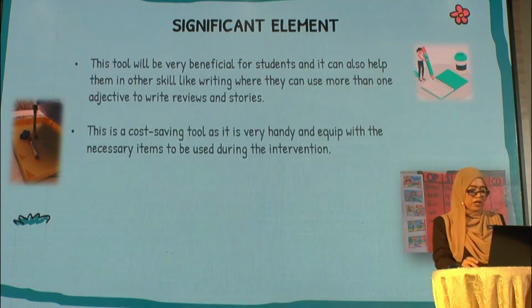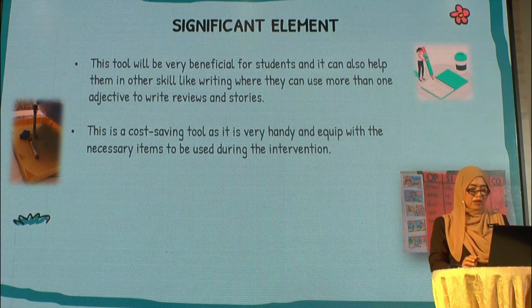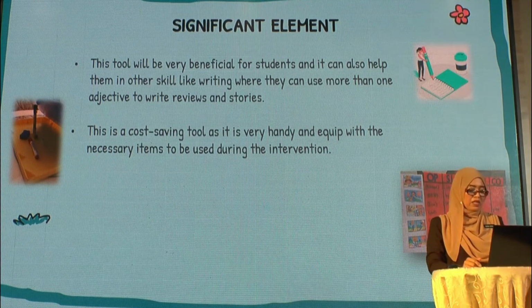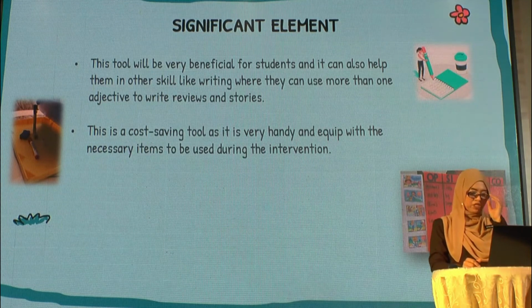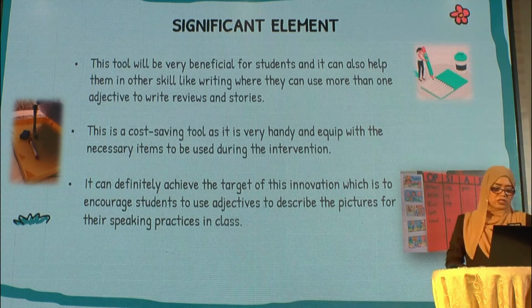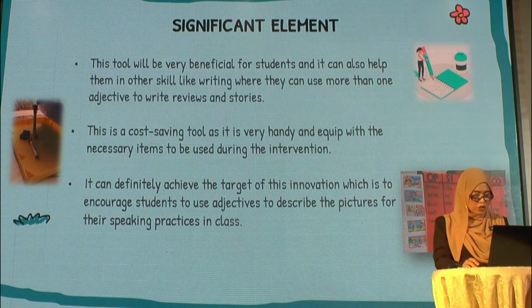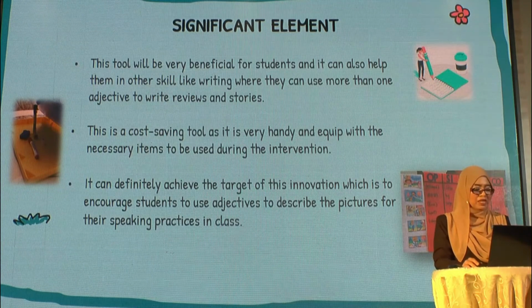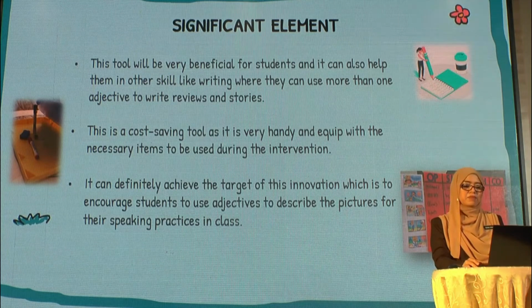As mentioned earlier, this is a cost-saving tool as it is very handy and not heavy, and it is equipped with the necessary items to be used during the intervention. It can also definitely achieve the target of this innovation, which is to encourage students to use adjectives to describe the pictures for the speaking practices in class.